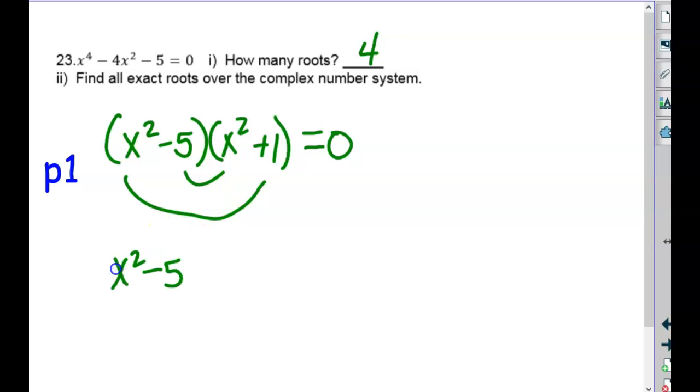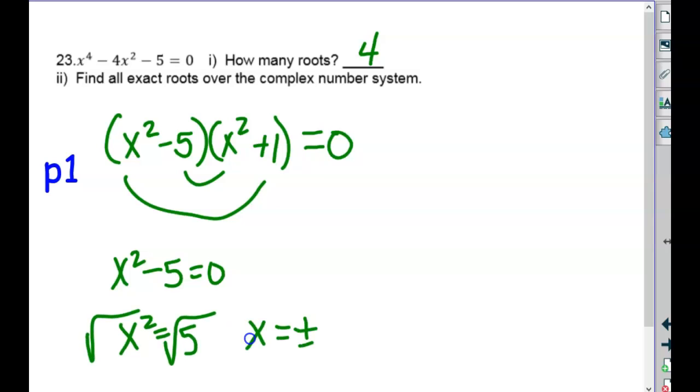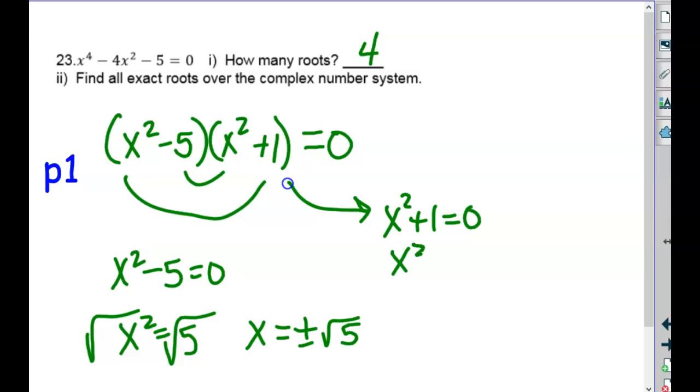X squared minus 5 equals 0 would be x squared equals 5, square root, and you get plus or minus the square root of 5. This one you would get x squared plus 1 equals 0, x squared equals negative 1. When you square root, you get i's, and that is non-real.